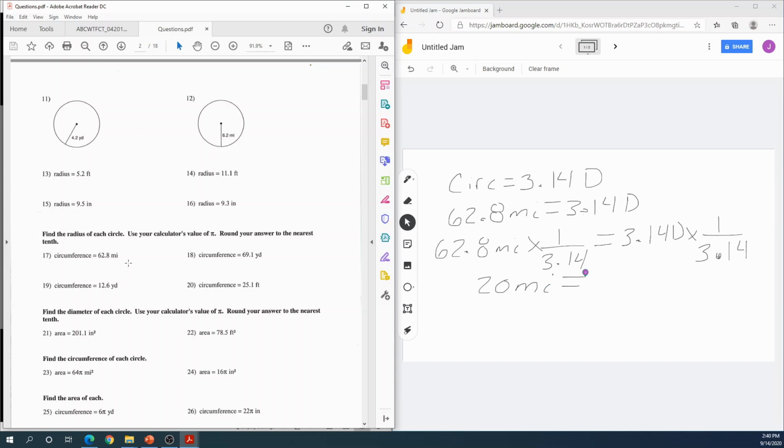On our right side of the equation, 3.14 is going to cancel with 3.14, and we're just going to get our diameter. Now if we go back to the question, number 17, says find the radius, and again we know that our radius is half of our diameter, so our radius is going to be equal to 10 miles.